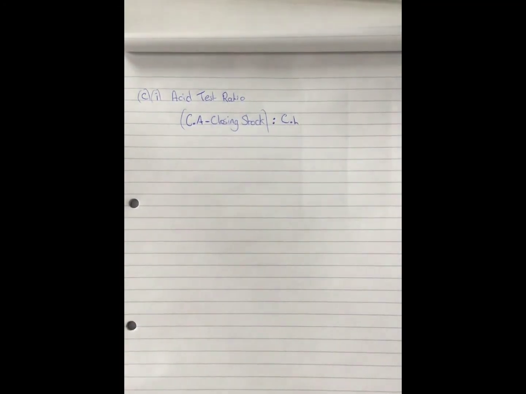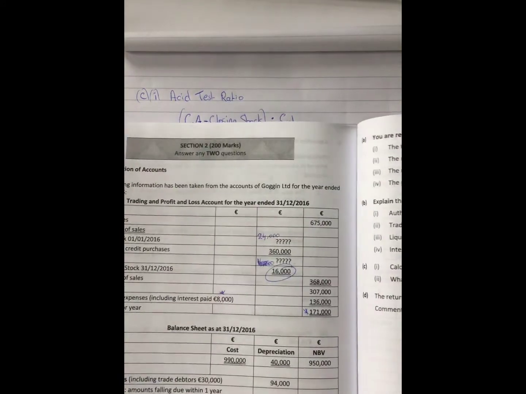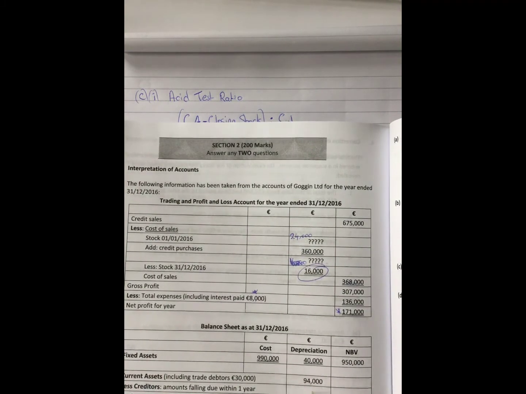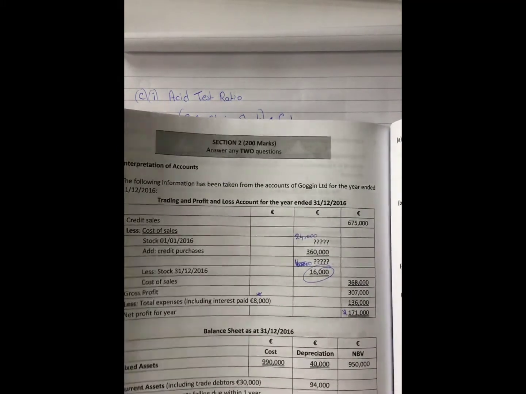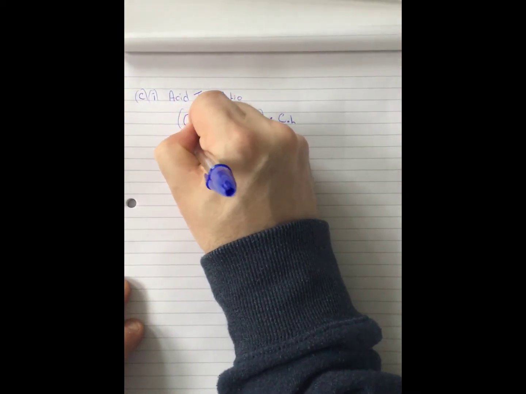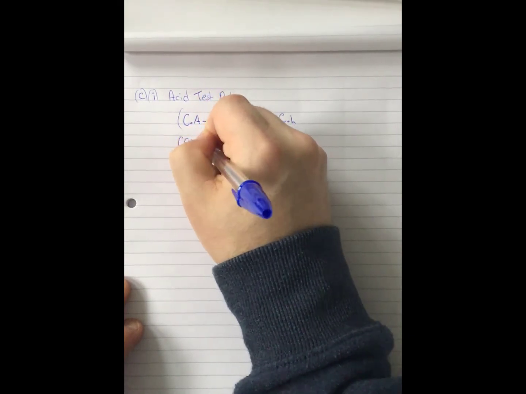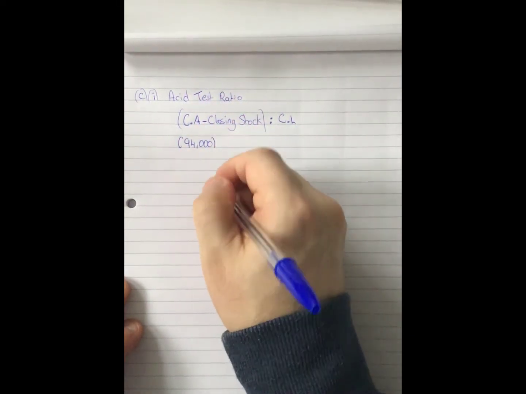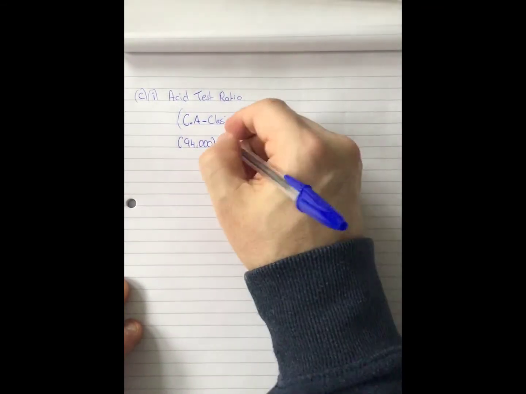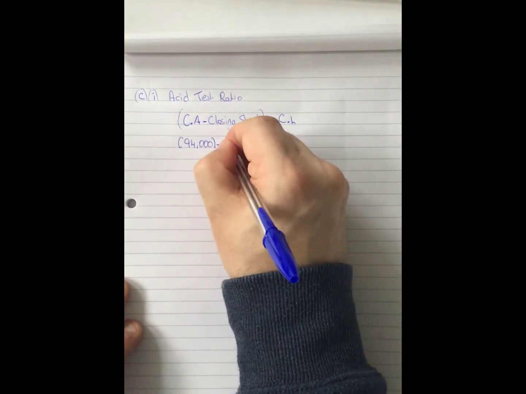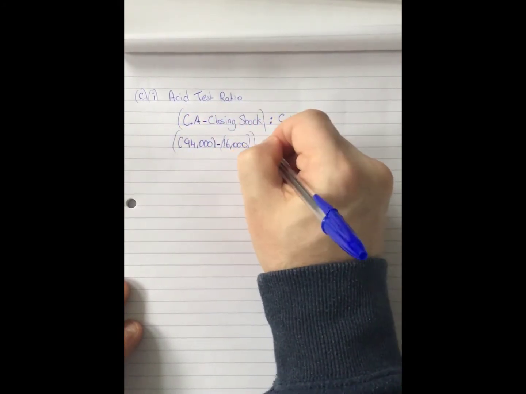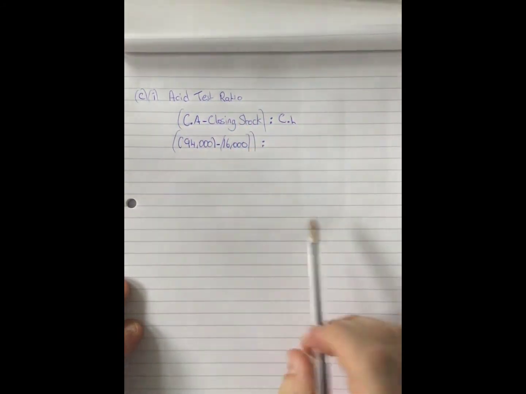Now I look here firstly at my current assets. They're 94,000 euros. My closing stock then is 16,000. So it's going to be 94,000 euros minus your closing stock, which was 16,000, and let's put all of that in the bracket there, to your current liabilities.